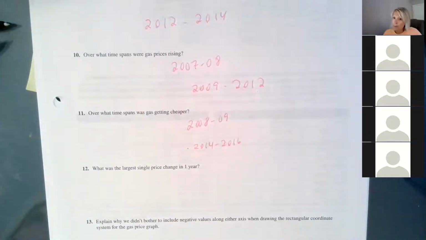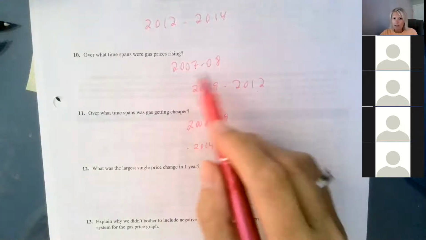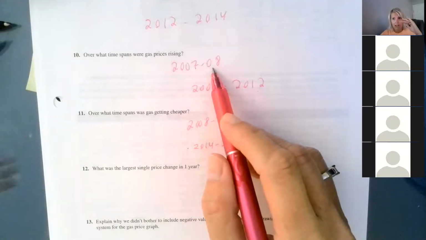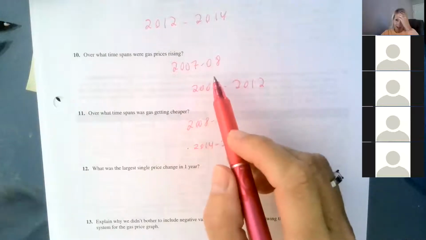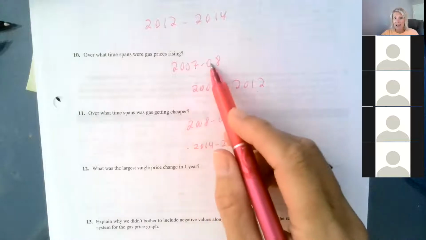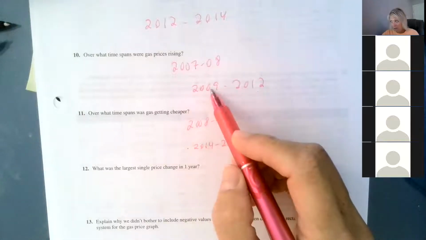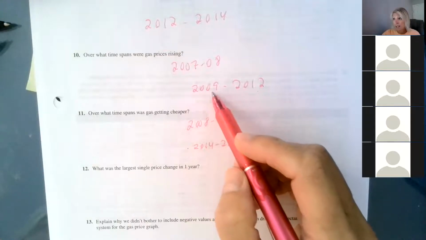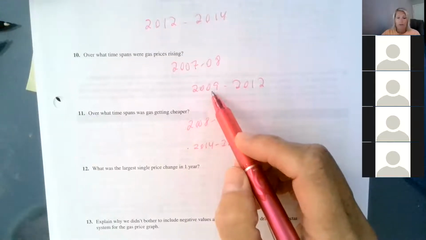I think we might want to pay attention here because 2007 to 2008 was when the economy was kind of starting to bubble, right? And then it burst 2008 to 2009 and people were losing their jobs and our economy was really bad and gas prices went way low, lower than what they were last summer, right? 2008 to 2009, it was only $1.79.